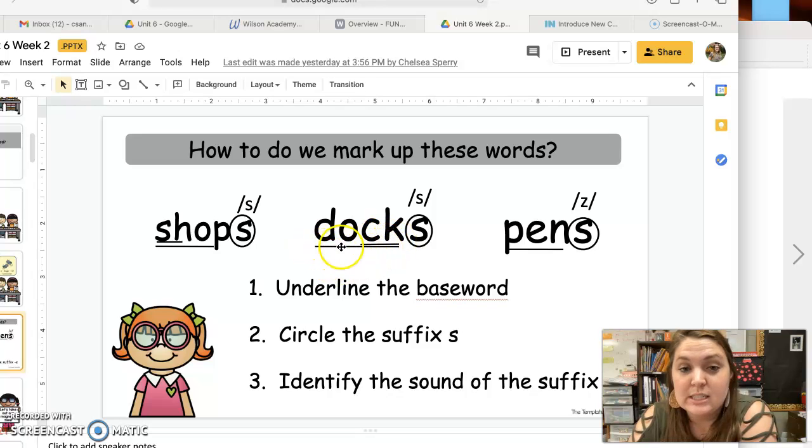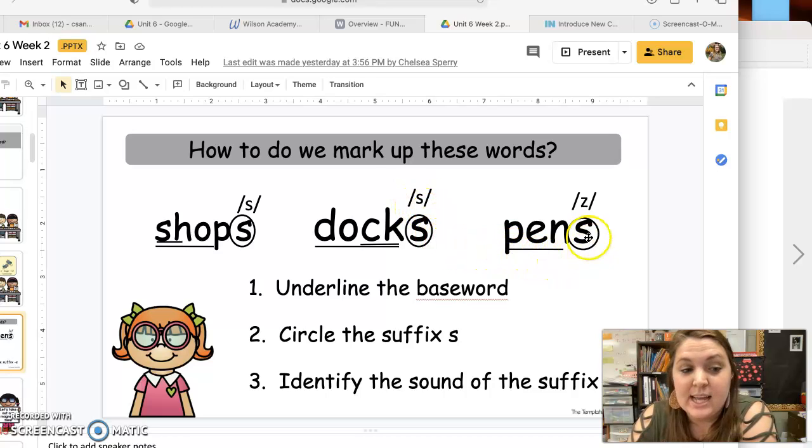So they underlined dock. What did they do next? That's right. They circled their suffix S. And then they said, okay, does this S say S or Z? Let's listen. Docks. That S says the S sound. So they put their two lines and the S in between.